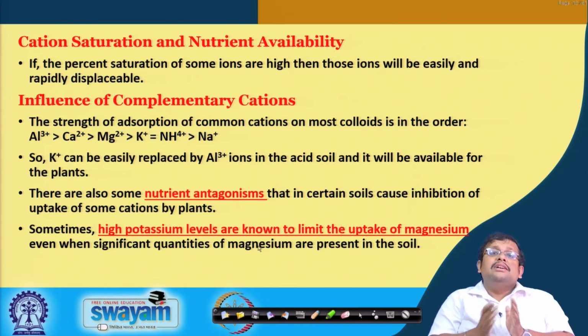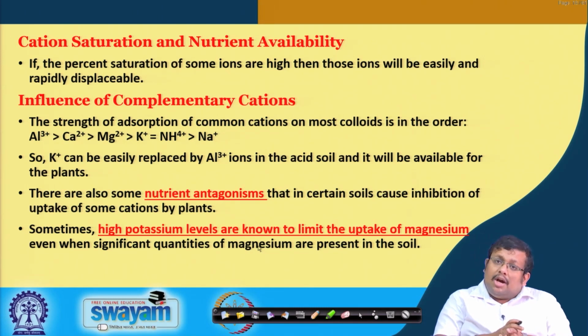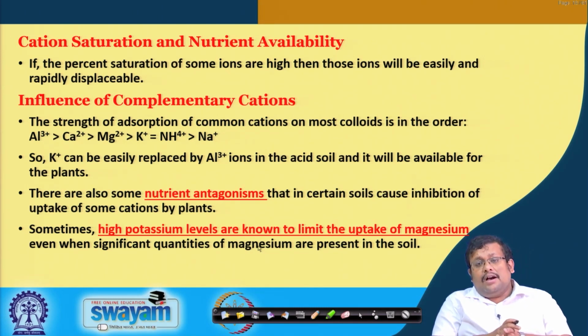So, that shows the nutrient antagonism. What is the reason behind that? You can see magnesium has more affinity than potassium. So, if the exchange complex is saturated by potassium ions and we add magnesium ions, then the magnesium will replace the potassium.